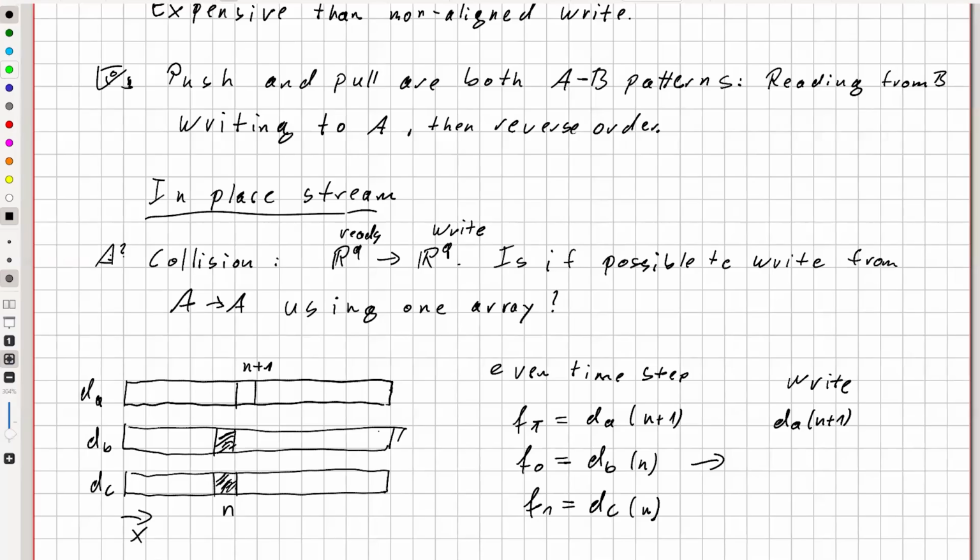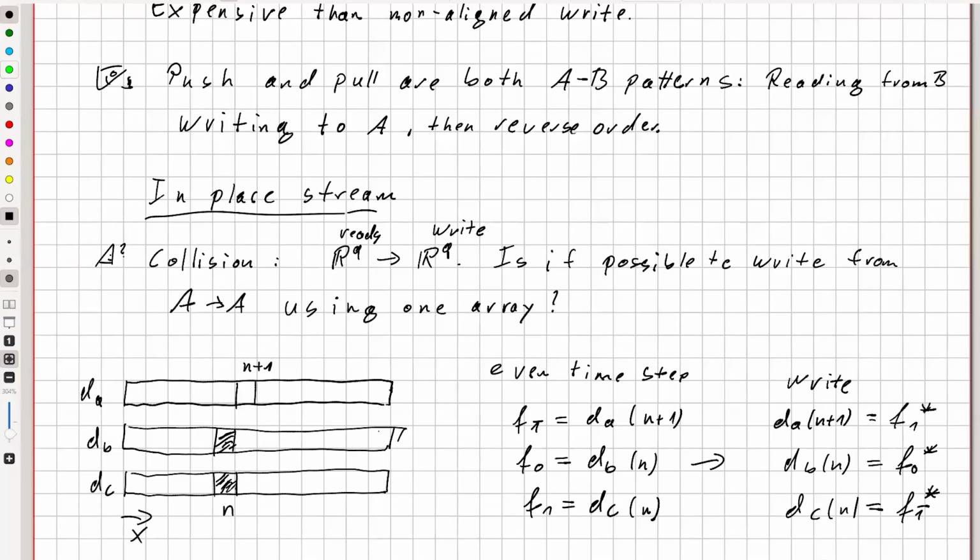But in this data point, we do not store the population F minus 1, but we store the population F1 after the collision. In the position B, N, we store F0. F0 is the thing that is not moving. So we write this back here, and in the position C, we write F minus 1.